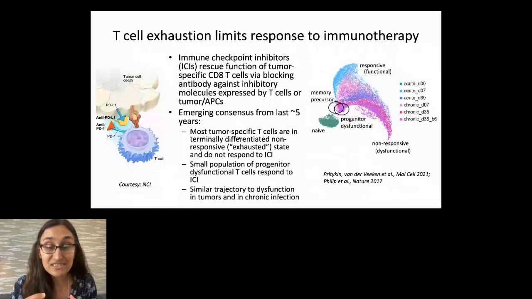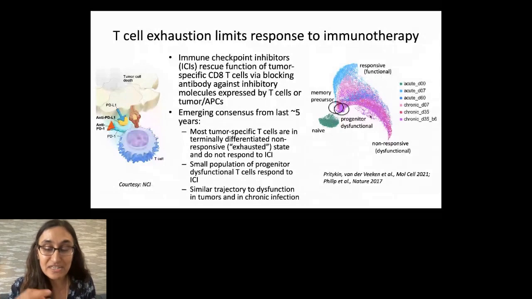And in fact, it's very impressive how their chromatin accessibility state doesn't budge under immune checkpoint blockade. There's a small population of progenitor cells that do respond to immune checkpoint inhibitors called progenitor dysfunctional cells.